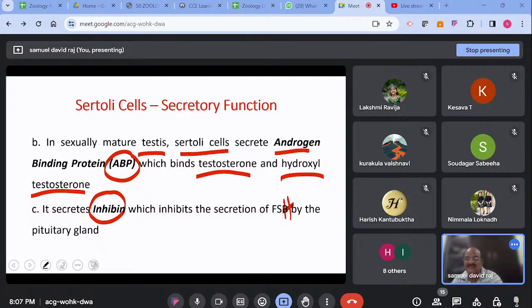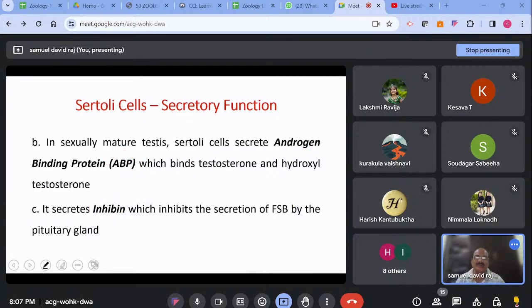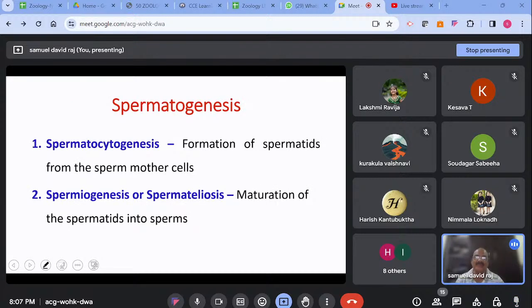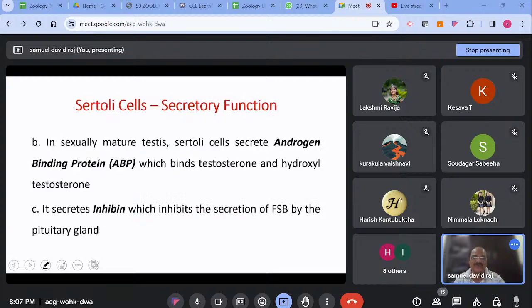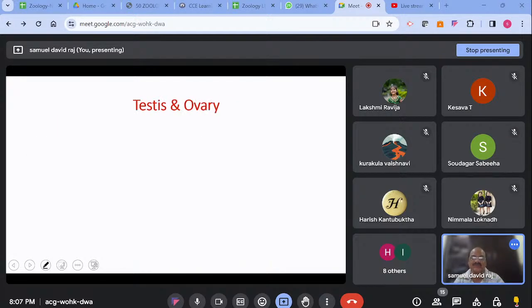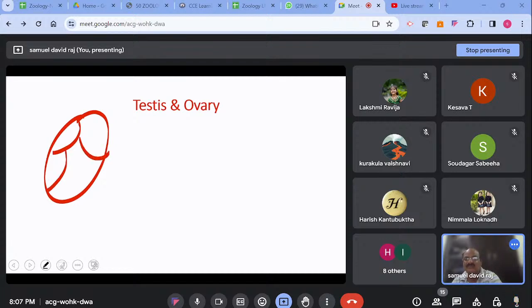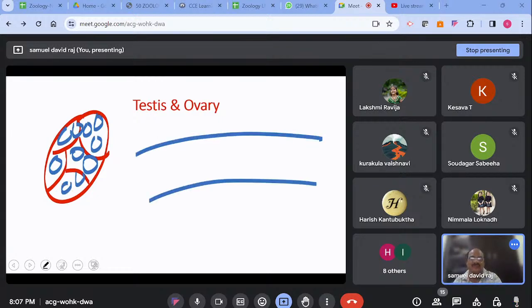So these are the cells which are present in the germinal epithelium of the seminiferous tubules in addition to the germinal cells. Now coming to the actual process of spermatogenesis. This is a testis. It is divided into a number of lobules, and each lobule has a number of seminiferous tubules. When we draw a seminiferous tubule, this is a small tube-like structure.